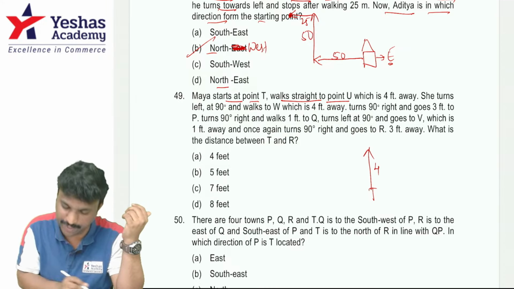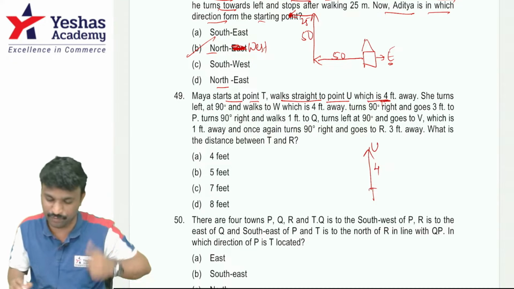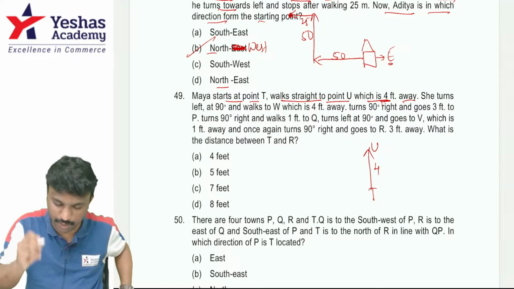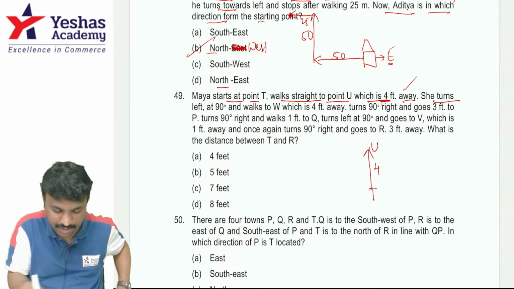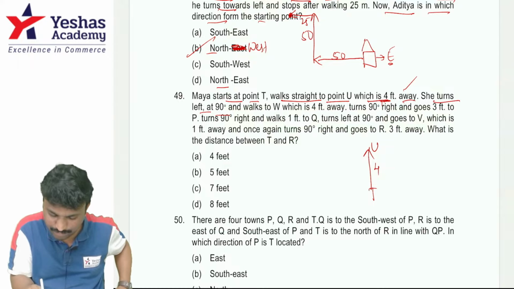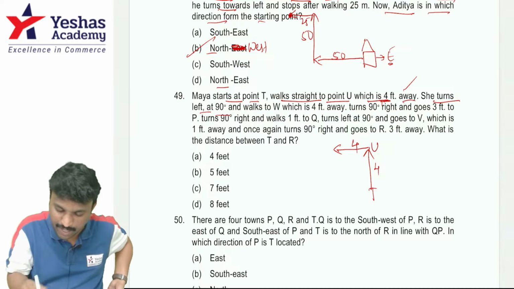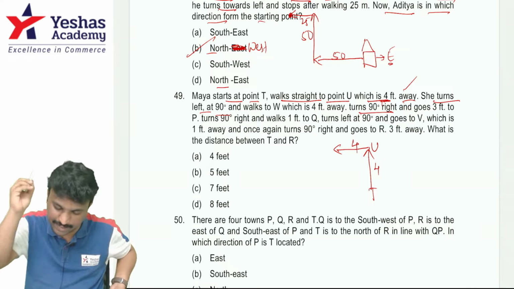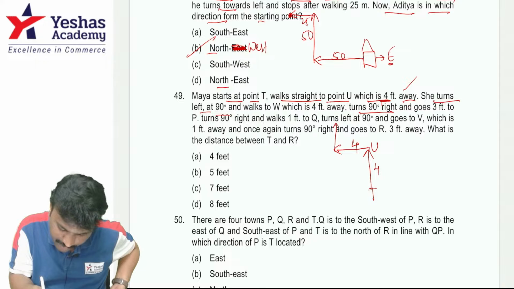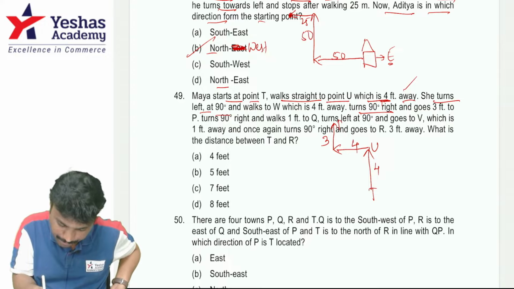After walking 4 feet she goes to U, which is 4 feet away from T. She turns left. Left is our left only, at an angle of 90 degrees, 4 feet away. Turns 90 degrees right. Right is upwards. Goes how many feet? 3 feet. 90 degrees upwards. Goes how many feet? 3 feet, to P.